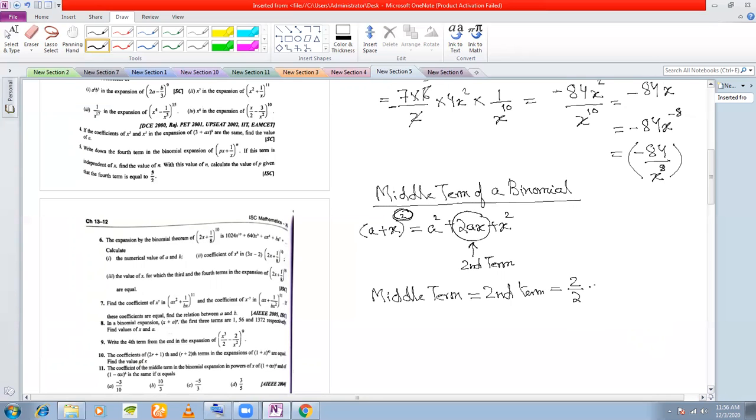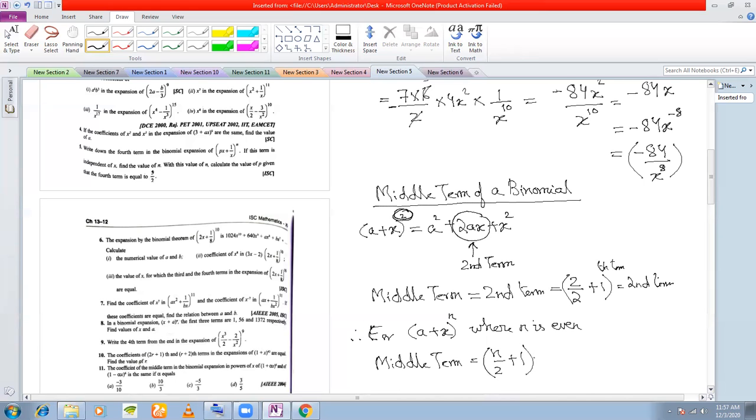So in case the power is even, if you have (a plus x) to the power of n, where n is even, the middle term is equal to the n by 2 plus 1th term.